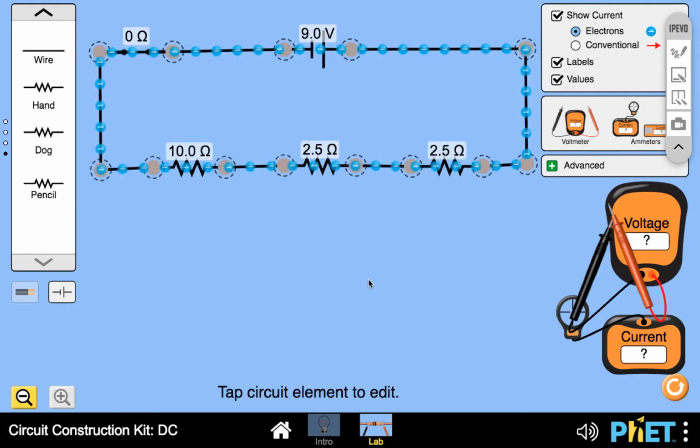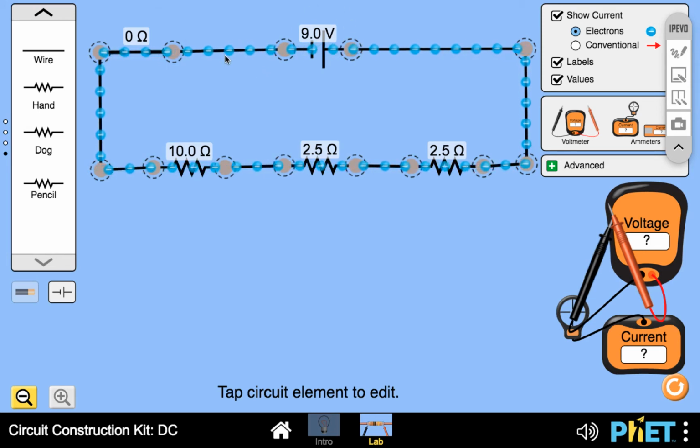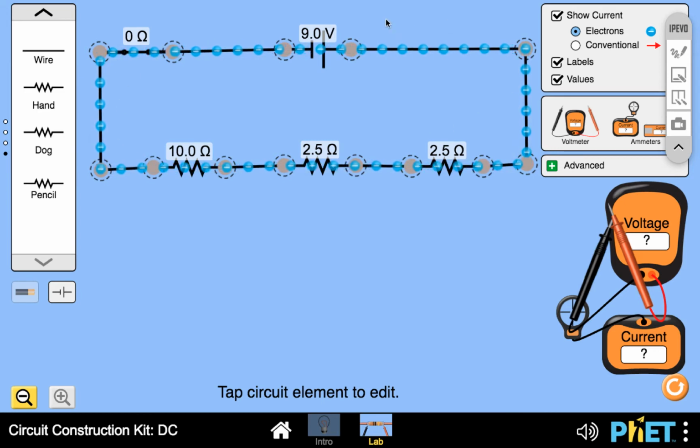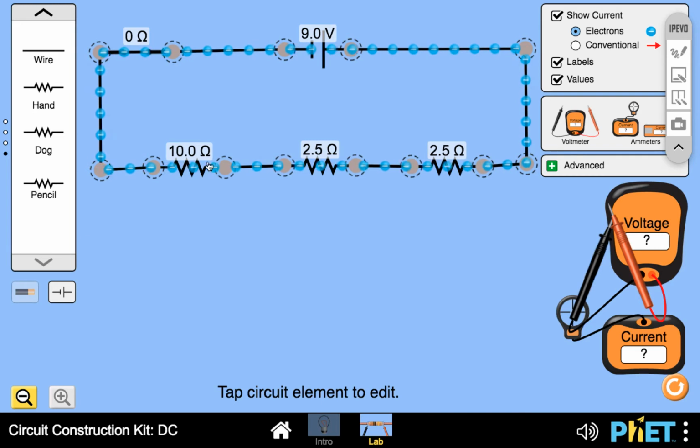We know that the potential difference here is the energy that is supplied to the charges that are being pushed around the circuit. And that energy is used, consumed or dissipated as the charges move through the resistor. So from my thinking, I would think that the 10 ohm resistor is going to have a greater resistance, and hence we will need more energy for the charges to be pushed through.